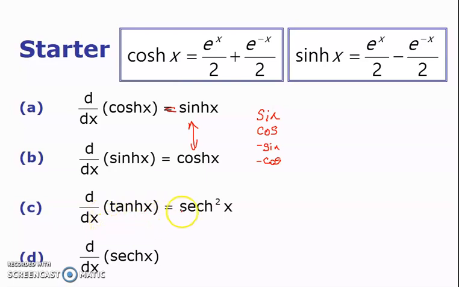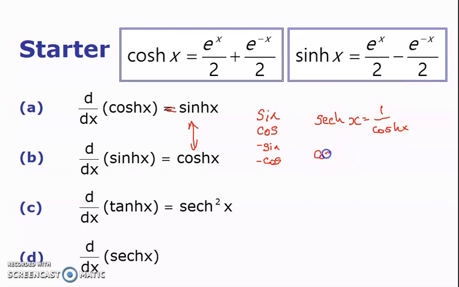The next one I want you to learn is that tanh. If we differentiate tanh, we get sech squared. So perhaps a reminder for you. I think I've done this, but just in case I haven't. The reciprocal hyperbolic functions: sech x is 1 over cosh. That's where that comes from.